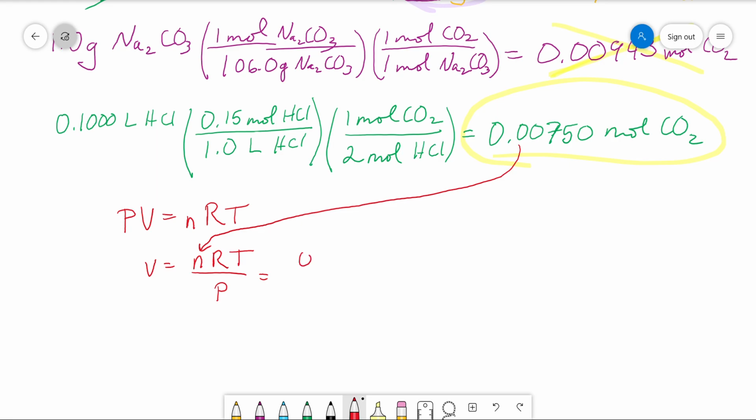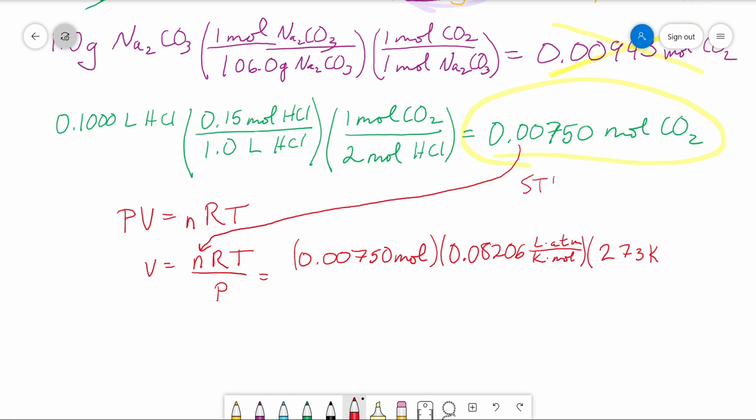So we have 0.00750 moles, and I'm just going to leave it as moles, not moles of CO2. R is 0.08206 liters times atmospheres divided by Kelvin times moles. Temperature at STP, hopefully you remember, is 273 Kelvin. Remember STP, 1 atm, 273 Kelvin.